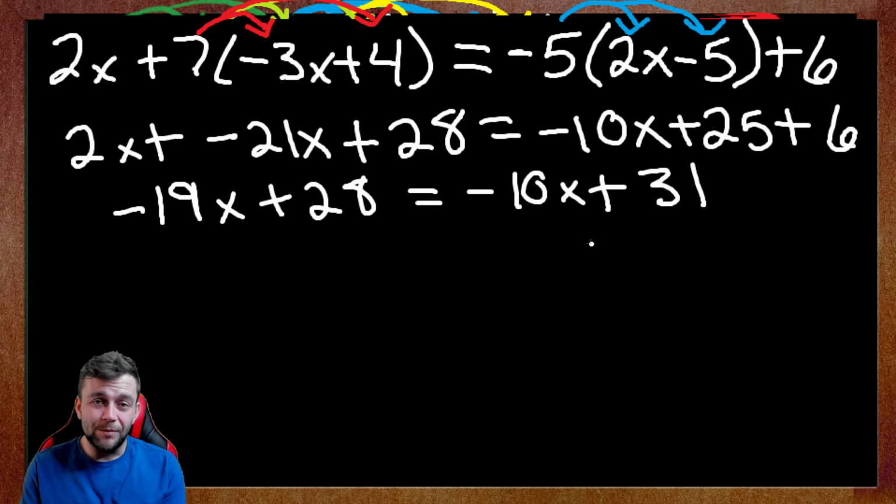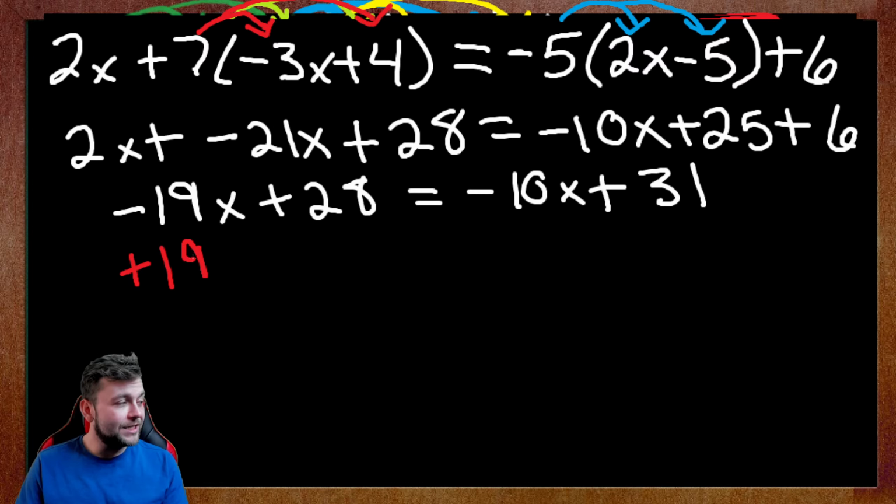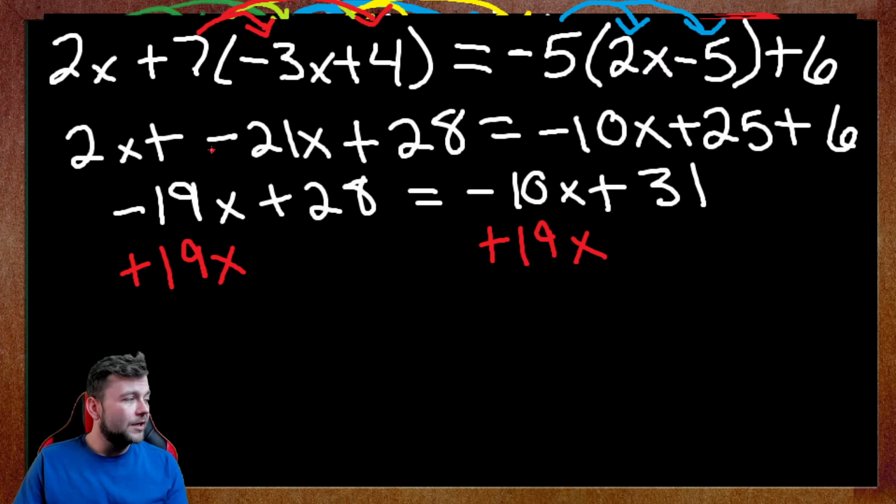We have variables on both sides of the problem. People don't like that. So how do we resolve this issue? I want to move the 19 over, so we're going to add 19x to both sides. And then, what happens to the 19x?